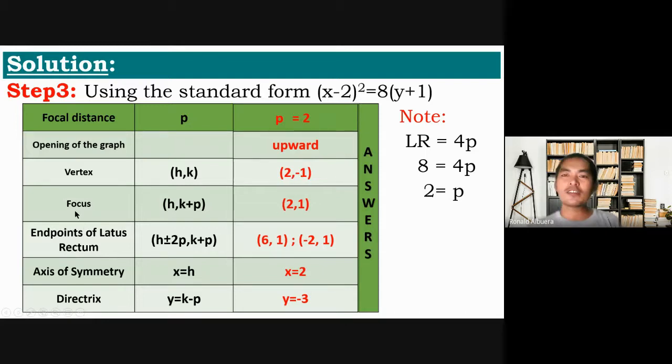How about for the focus? I-discuss ko na ha, kahit meron tayong formula, ano yung technique natin? Titingnan nyo yung standard form. Ang nasa right side bagang variable na hindi siya square ay y. Therefore, yung value ng p, idadagdag natin sa y-coordinate ng vertex. Ang vertex niya ay k, which is negative 1 plus 2.